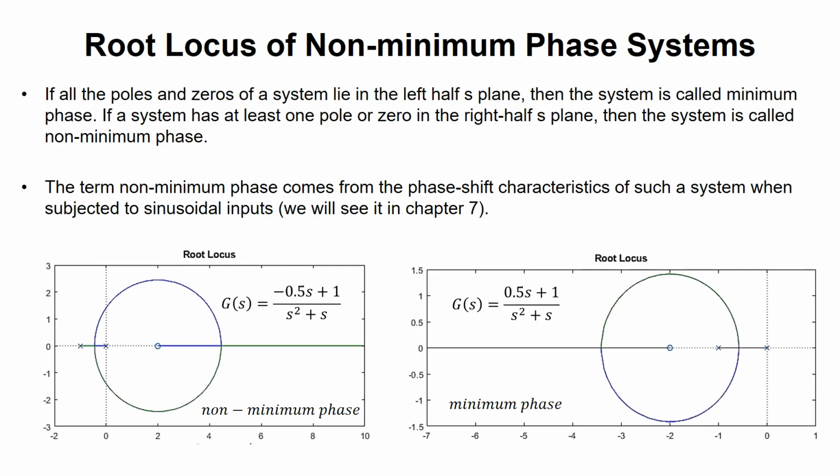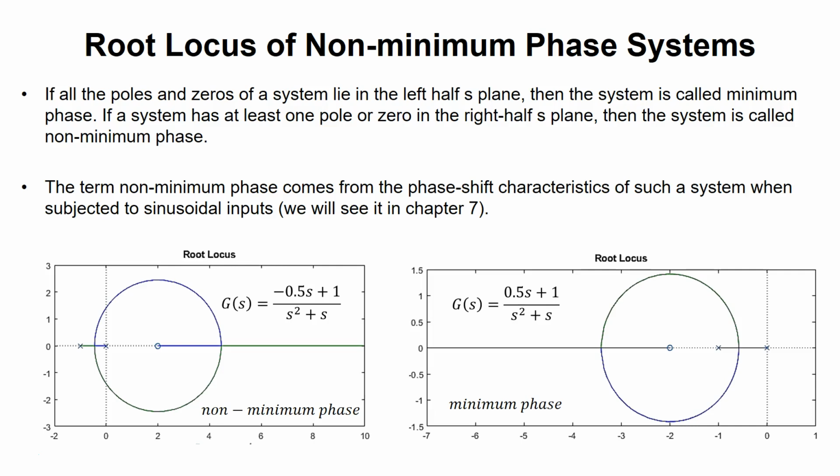For example, if you have a 0 at positive 2 and another system with the 0 at negative 2 and the poles are exactly the same, if you plot their phase plot, you see that the phase of the system with the 0 on the positive side is significantly more at the higher frequency ranges. That's why we call the system with all zeros and poles on the left side minimum phase, and the one with any on the right side non-minimum phase. Okay, so we'll see that in chapter 7.